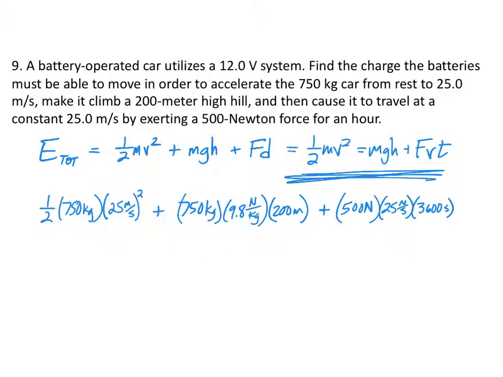I think everything came in the right units except for the hour. Hour needs to be in seconds. All right. So this is our total energy. And that will give us a total energy of 4.67 times 10 to the 7th joules.